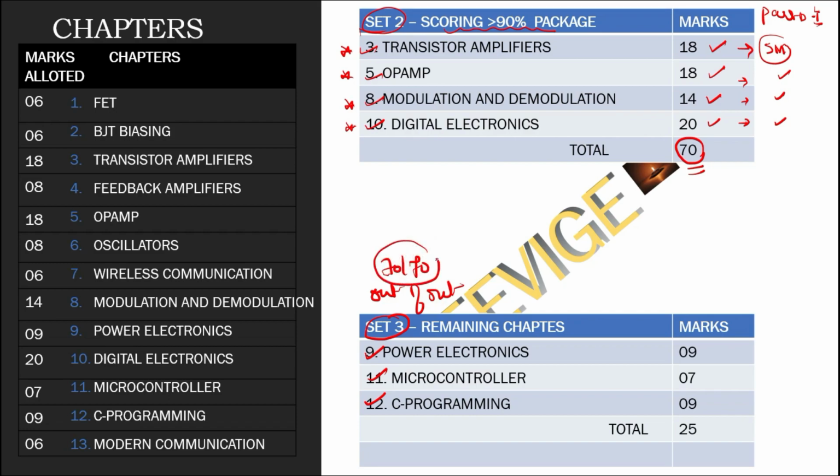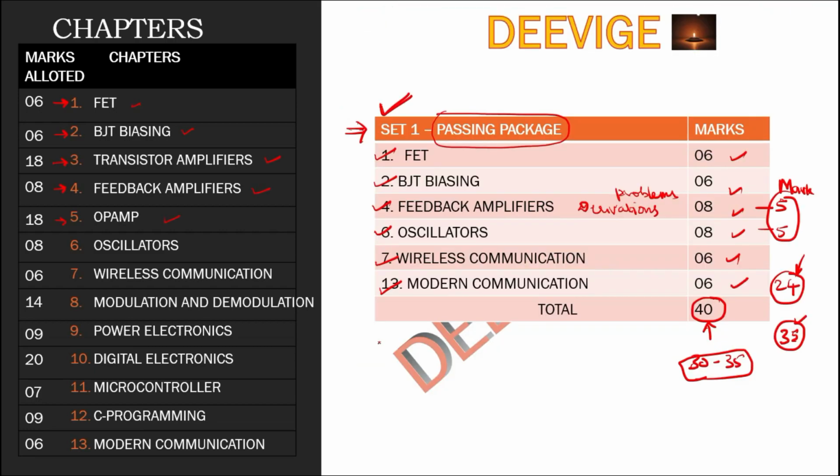Those who are aiming for 70 on 70 cannot skip these 3 chapters. Even if they skip a few questions, 1 markers and 2 markers, you should be thorough with these chapters. So this is an insight into how to select chapters for your exam according to your ability.